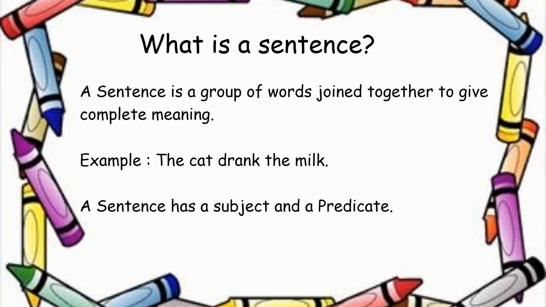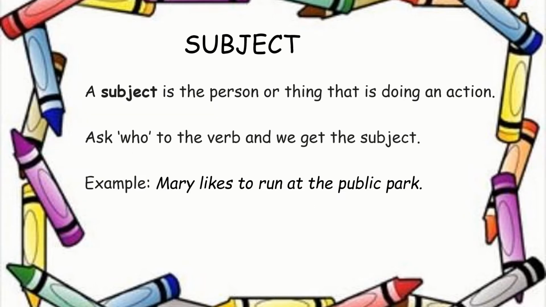Now this is our topic. So let us see what is a subject and what is a predicate. Now let us see what is the subject. A subject is the person or thing that is doing an action. Ask who to the verb and we get the subject. So the person or the thing that is doing the action in the given sentence is called a subject.